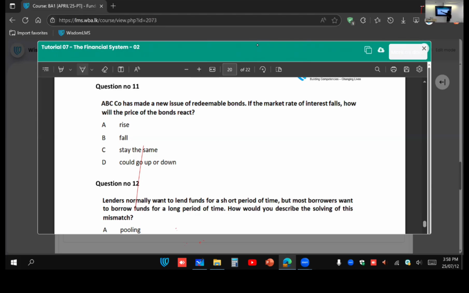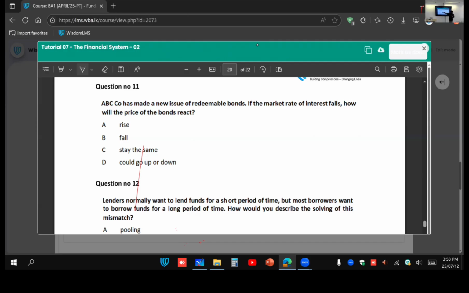You have redeemable bonds, right? Market interest rates fall. So for whatever the other investments, including fixed deposits and everything, you are getting very low interest rates. So when you get very low interest rates on fixed deposits, what will happen? Everybody will try investing in bonds.